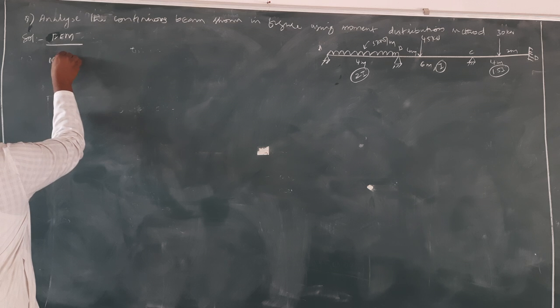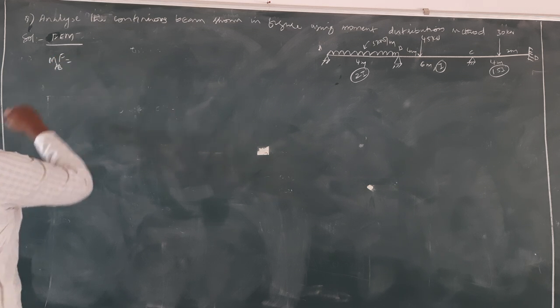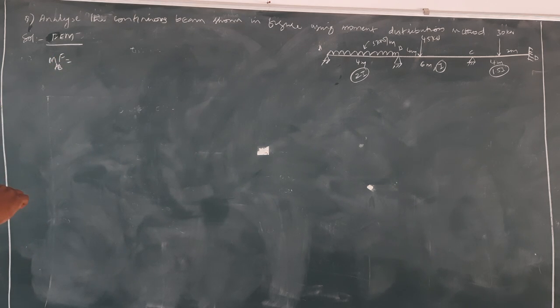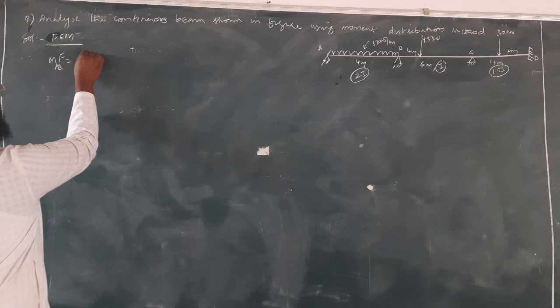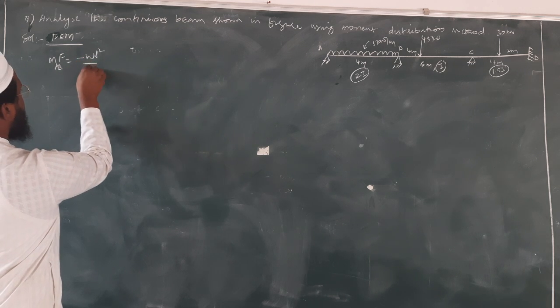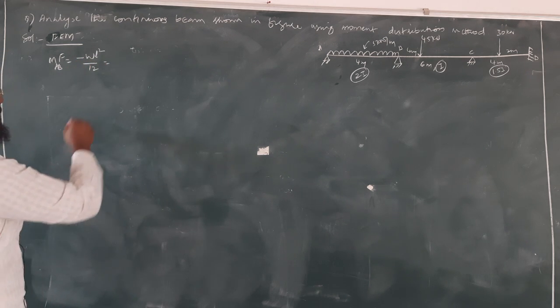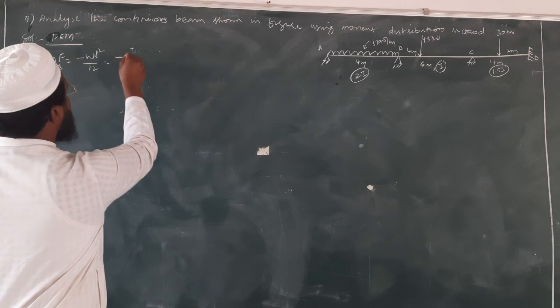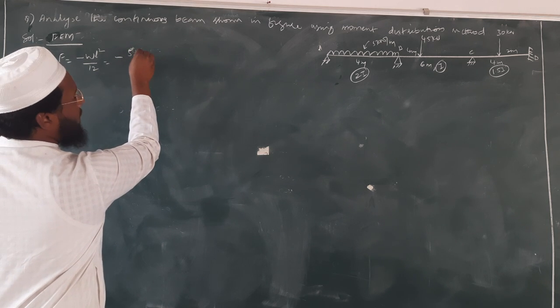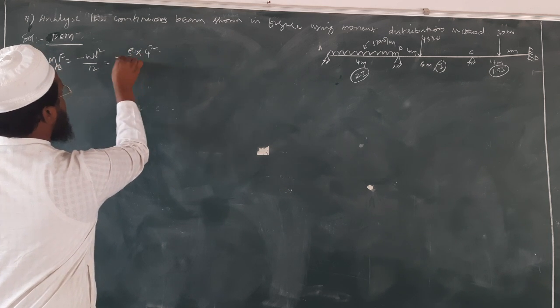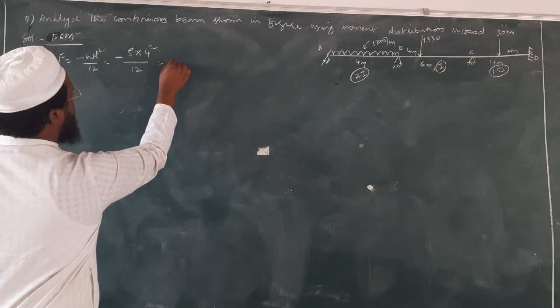So fixed end moment is MF AB. Can you tell me what is the formula for MF AB? Minus WL square by 12, isn't it? So minus, what is the value of W? 5 into L is 4 square divided by 12.